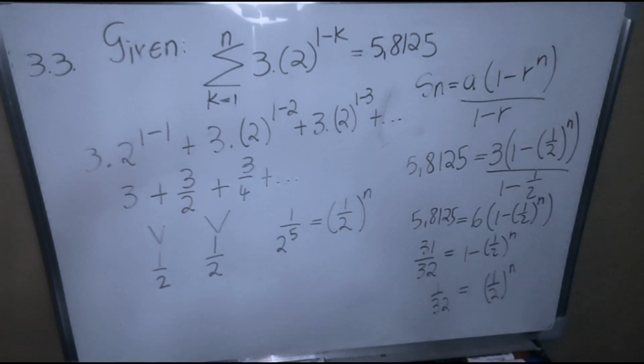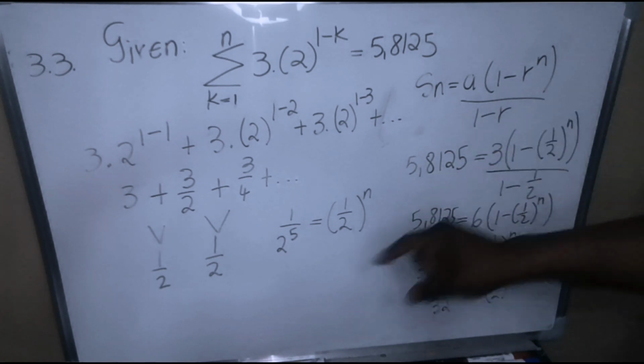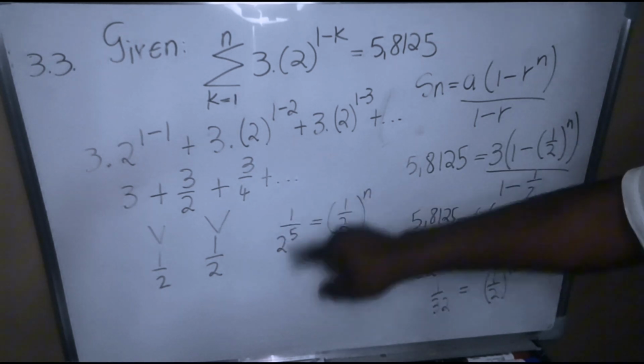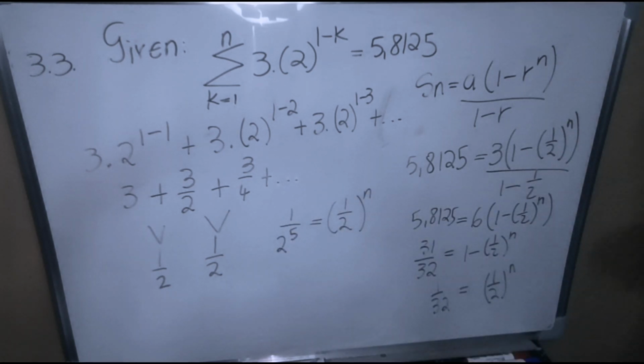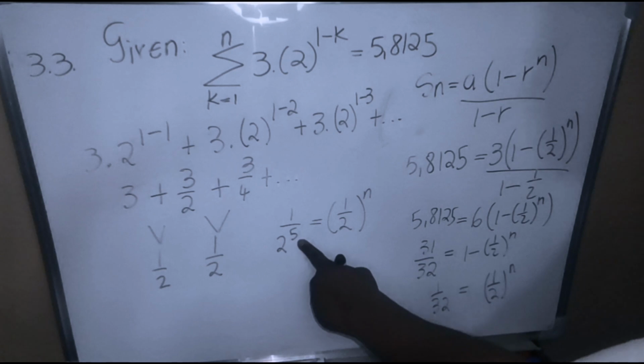So for me to remove them, I'm going to introduce the reciprocal, the inverse, however you want to call it. To remove this fraction, this exponent is going to carry a negative sign.